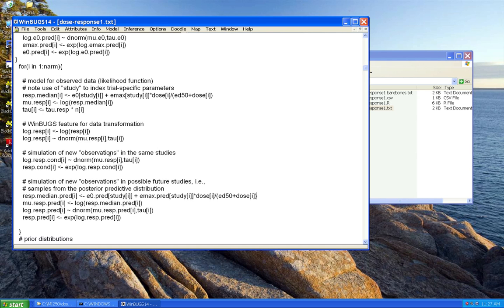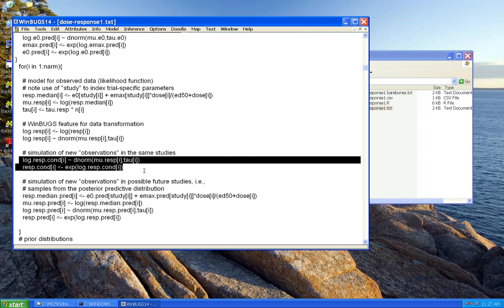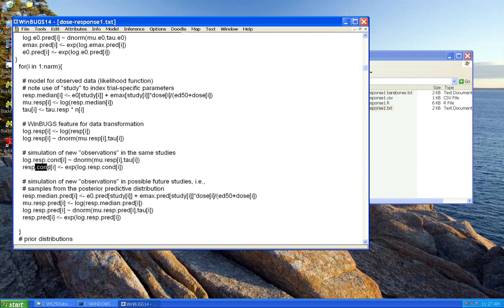Again, we've got our individual predictions going on, for which I use .cond for conditional. I don't know if it's an ideal name, but it's conditional on the individual random effects for the same trials that were used for analyzing the data, whereas the preds here are not conditioned on those.